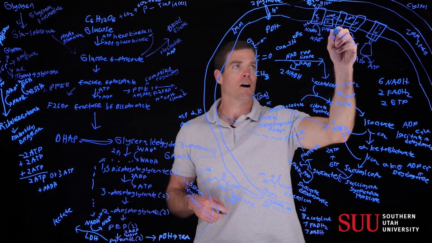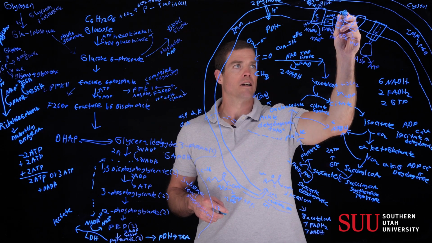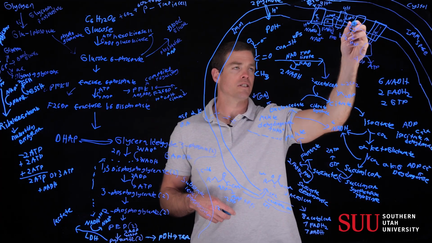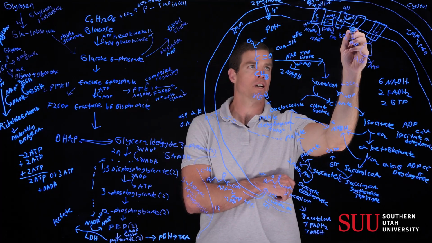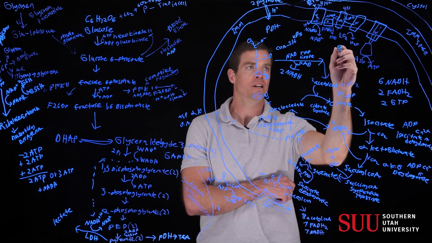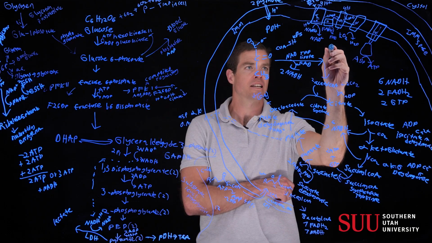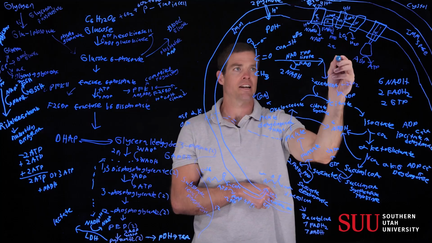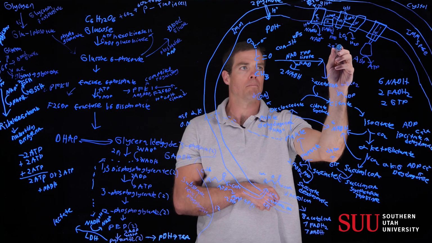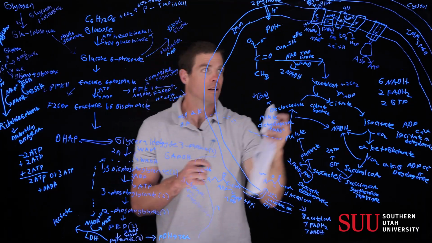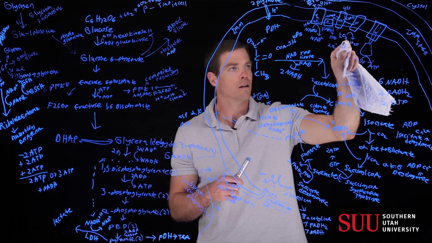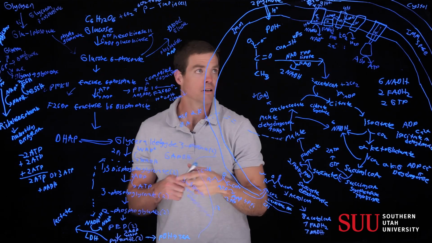and get to complex 3. And in this case, you're also going to be pumping your hydrogen ions, and you get 4 protons pumping right here. And now it's going to get to complex 4. And in this case, you are going to receive electrons, okay? So actually what happens is you take these same electrons right here, you're going to get 2 electrons plus 2 hydrogen ions, okay, or protons.